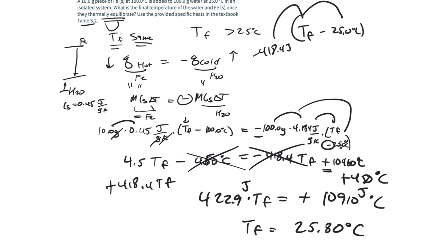Remember, its specific heat is 1/10 of that of water approximately, so it doesn't absorb that much heat for it to increase its temperature, and there is only 10% of the mass compared to the water. So we put a lot of something that didn't have really that much heat, so it makes sense that the iron is going to lose a lot of heat, change its temperature by a fair bit, and water just marginally goes up by 0.8 of a degree by adding that hot piece of iron to it.